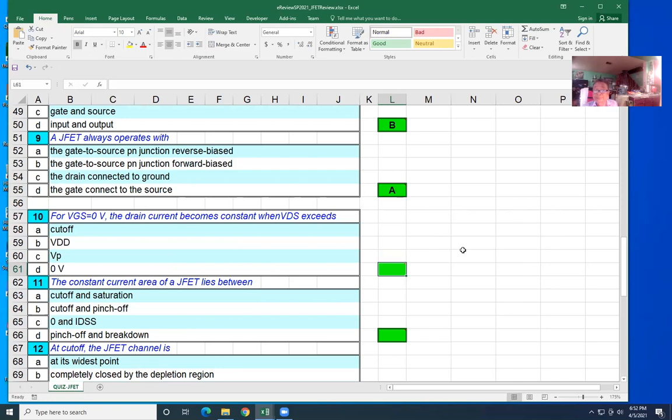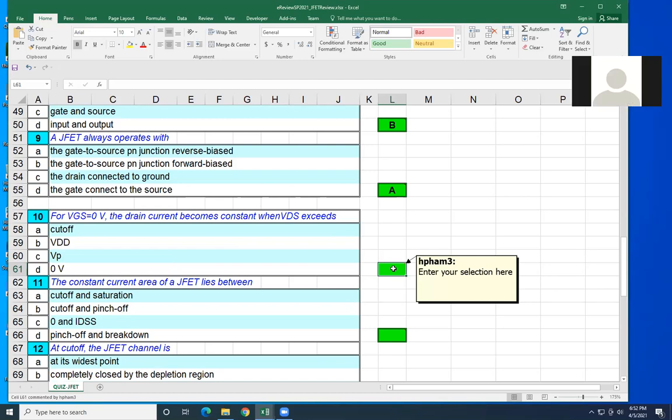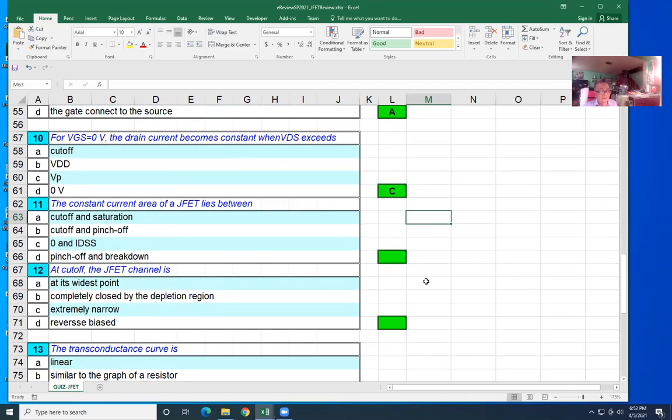Number 10. Okay, with VGS equals 0, the drain current becomes constant when the VDS exceeds, which one? C. Perfect. You see that? That's just coming out from the lecture.